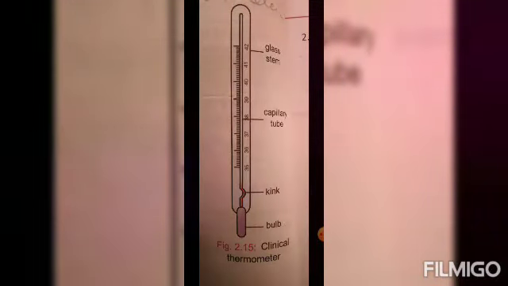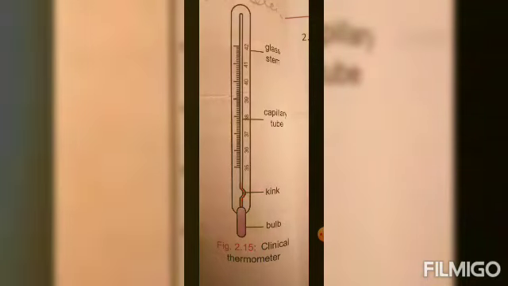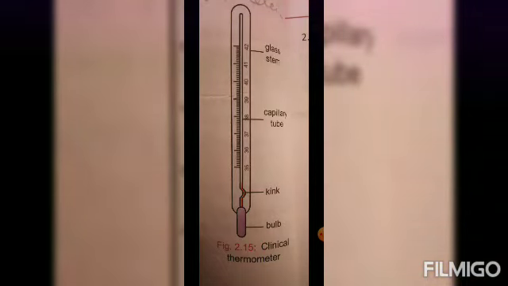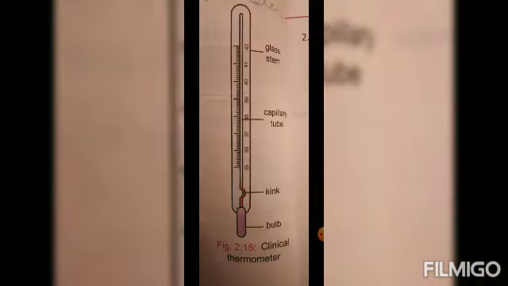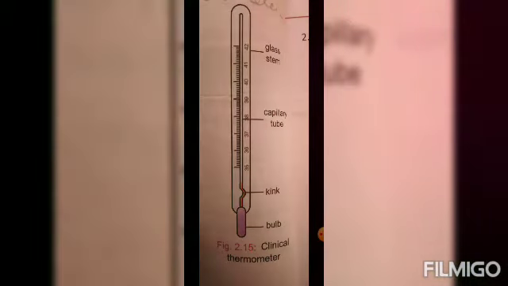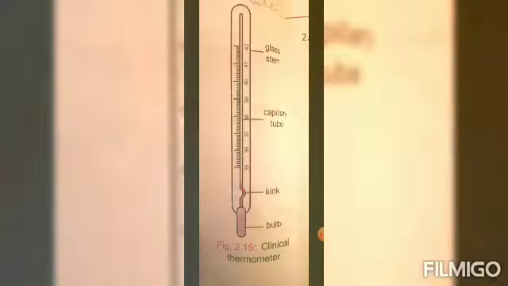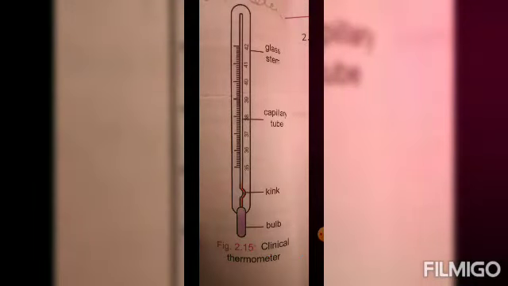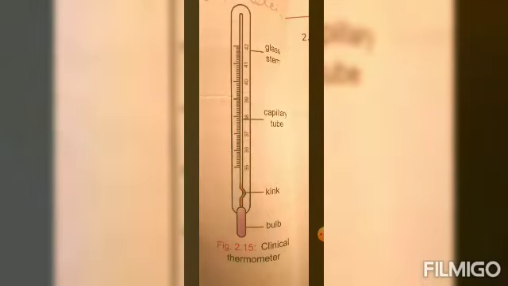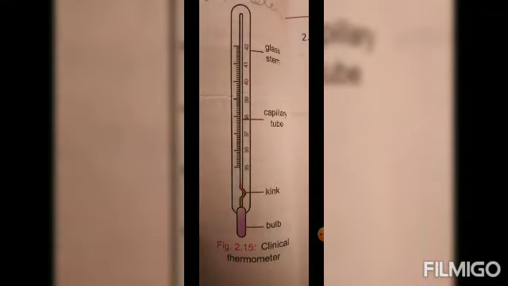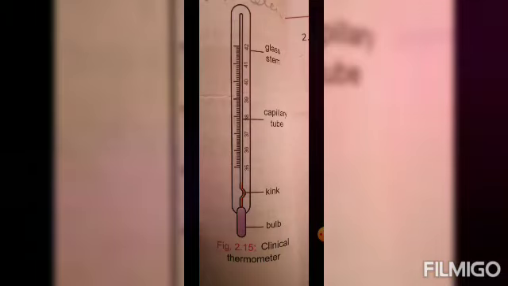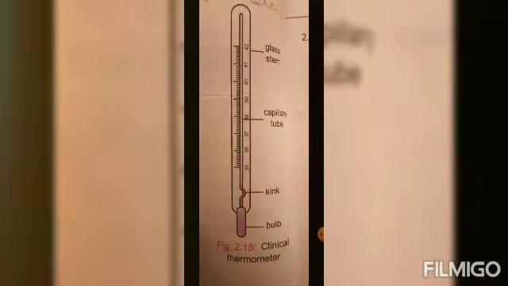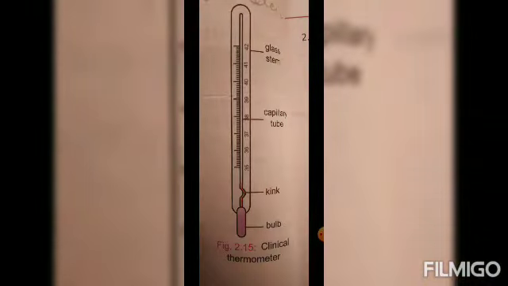What is the clinical thermometer used for? A clinical thermometer is used for measuring the body temperature of humans. It is also called doctor's thermometer. It is used to measure the temperature when we have fever. The normal temperature of a healthy human body is 37 degrees Celsius, and if the mercury reaches above 37 degrees Celsius, then we understand that we have fever.